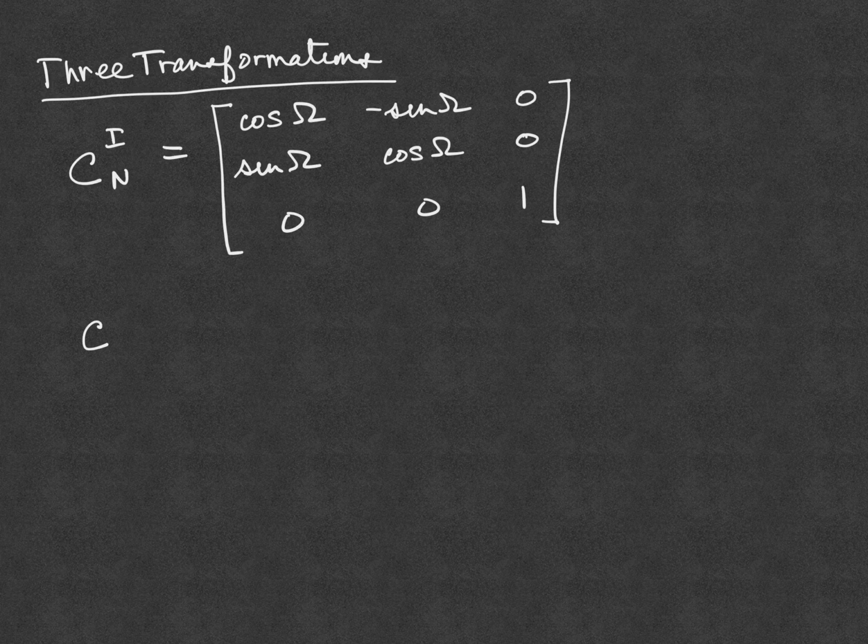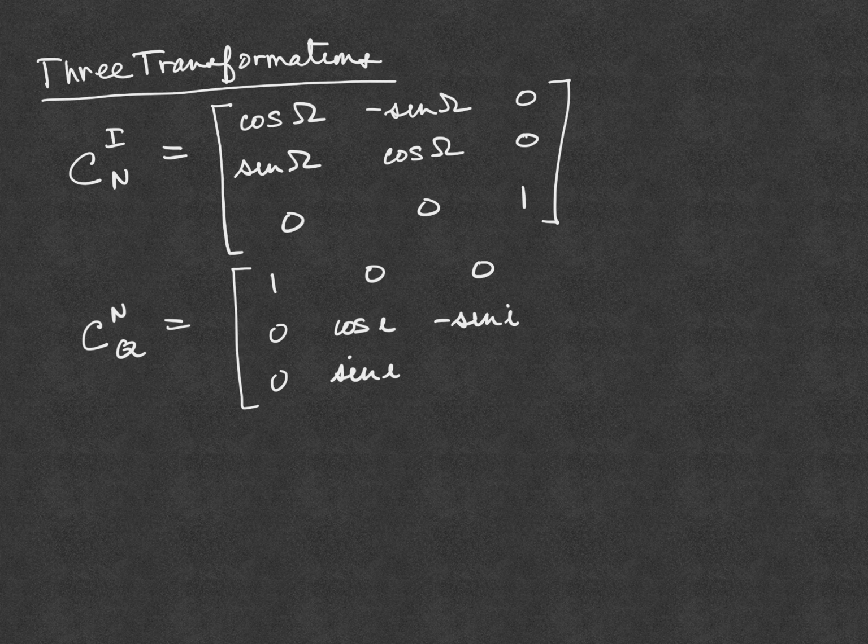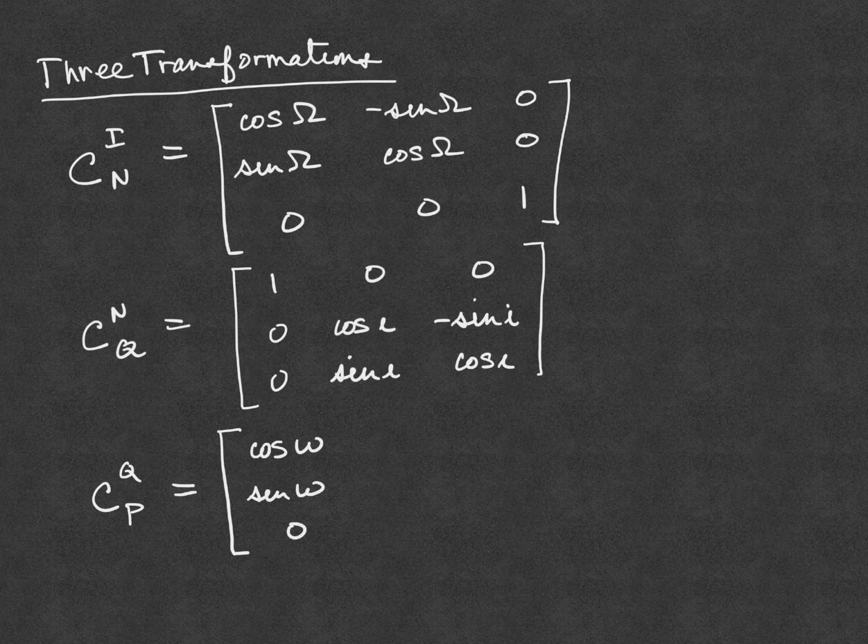The second one is the transformation from Q to N, which is equal to 1, 0, 0, 0, cosine of I, sine of I, and then 0, minus the sine of I and cosine of I. And finally, we have the transformation from P to Q, which is equal to cosine of little omega, sine of little omega, 0, minus the sine of little omega, cosine of little omega, 0, 0, 0, 1.